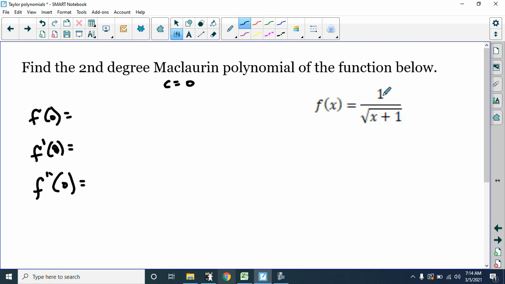So f of 0, if I plug in 0 here, I just get 1 divided by 1. We need to find the first and the second derivative. To do that, I would probably rewrite this as x plus 1 to the negative 1/2. And then use the chain rule.